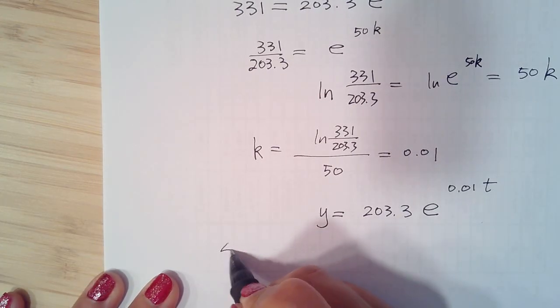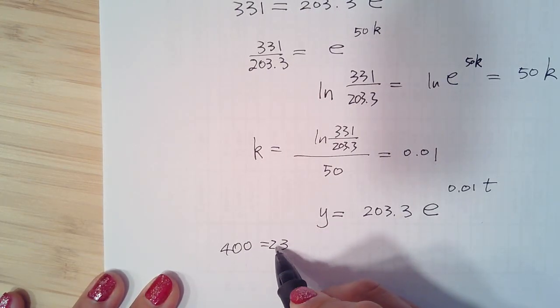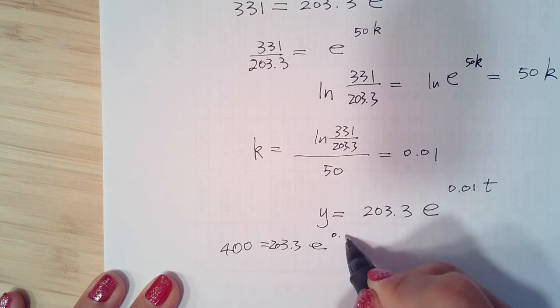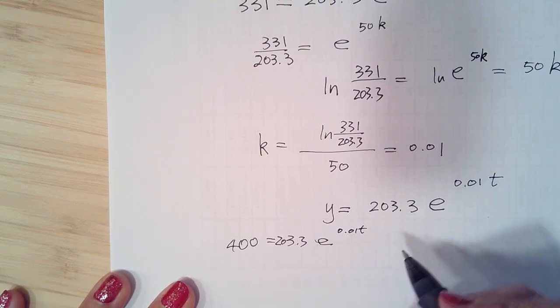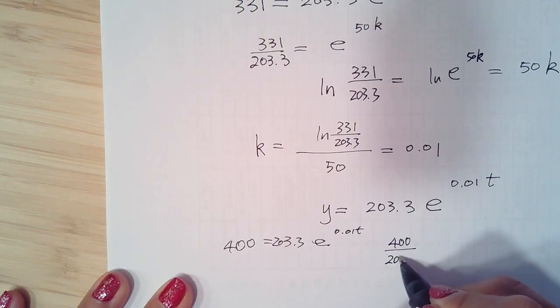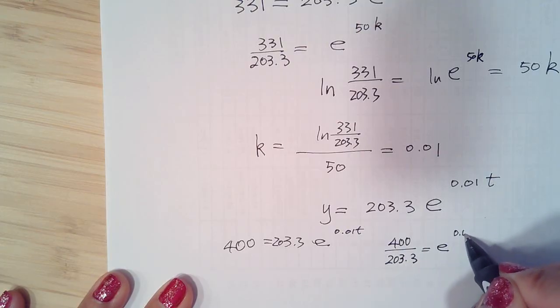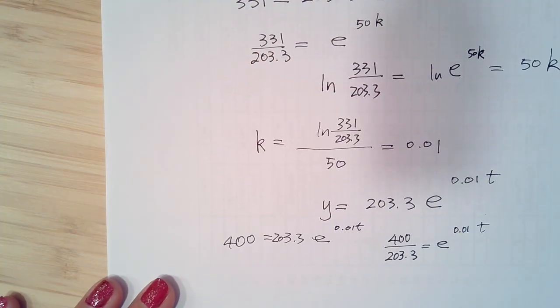So let's solve it. 400 million equals 203.3 e to the 0.01 t. Again, I'm going to divide by 203.3. So 400 divided by 203.3 equals e to the 0.01 t. Take the natural log.